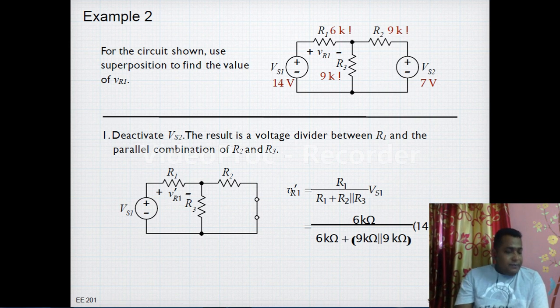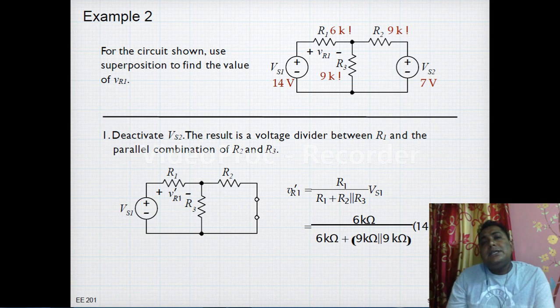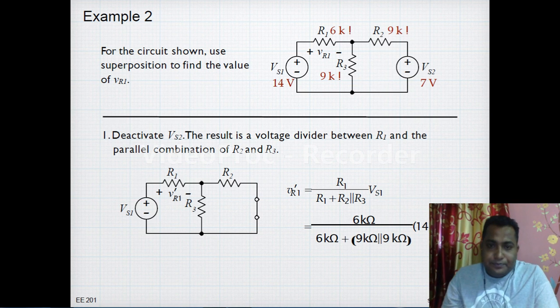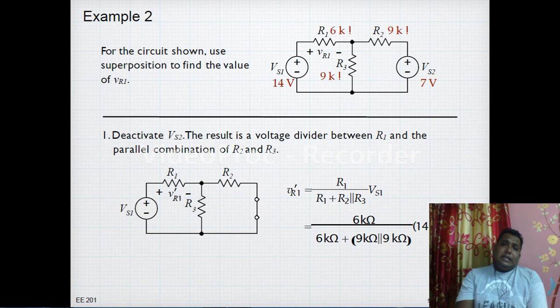That means we have to find the voltage drop across this R1. So what is the voltage across this R1? We can think that due to this Vs1 some current is flowing, and when this current flows through this R1, there is a drop.